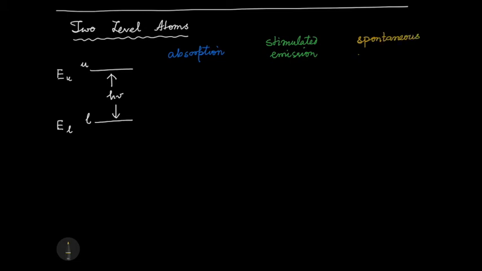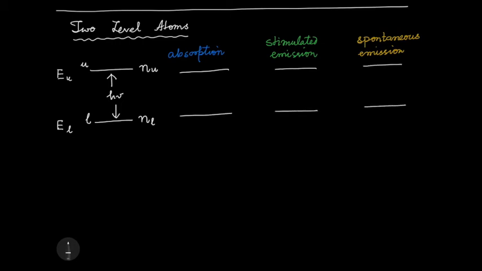And the last one is spontaneous emission. To start with, we have the number density of the atoms which are in the upper level is Nu, and the number density of the atoms which are in the lower level is Nl. Nu plus Nl is the total number density.